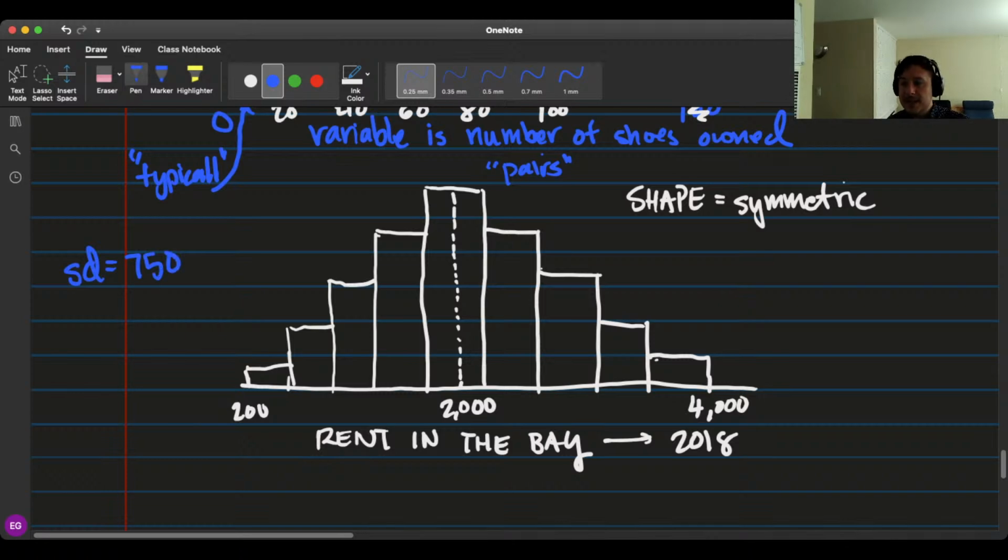So what that tells you is that yes, typical rent is $2,000, but a lot of people might go up to $750 lower than that. What's 2,000 minus 750? $1,250. Or typically their rent might be up to $750 more than the typical value of 2,000, which would be 2,750. So in other words, anybody between those two numbers would still be considered typical.